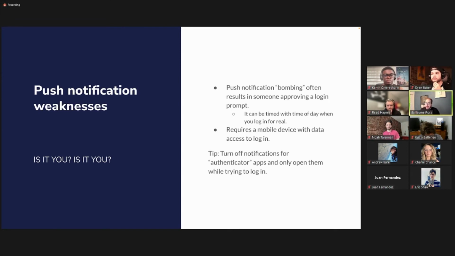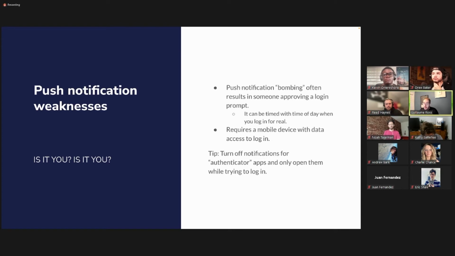And an attacker could time that with the time of day, right? Like if they know what time zone you're in, oh, it's 8:30 a.m. They seem to work at 8:30 a.m. based on like their GitHub history or whatever. So I'm just going to try to log in like 100 times at 8:30 a.m. and hope that they hit yes on one of the login prompts, right? That's how that would be compromised.